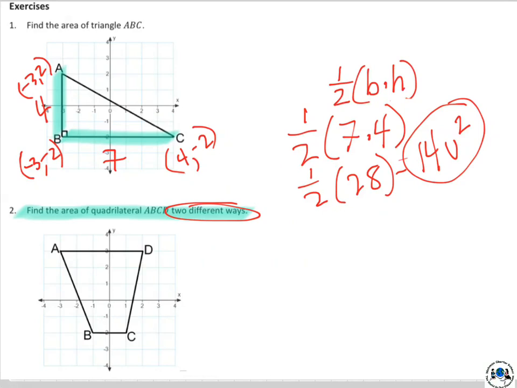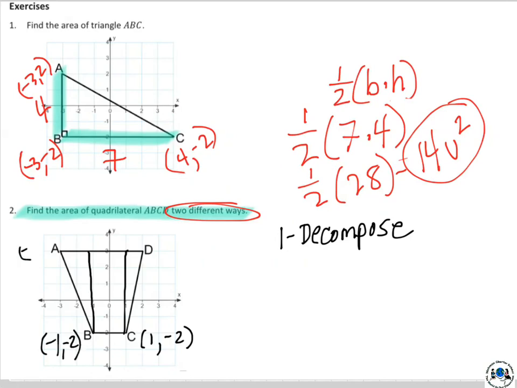Okay, so we're going to find the area of the quadrilateral ABCD 2 different ways, and like I said, let's just stick with one, and that first way is to decompose. We're going to decompose this trapezoid, fondly known as a trap, and we've separated it into 3 more friendly shapes, which are 2 triangles and a rectangle.